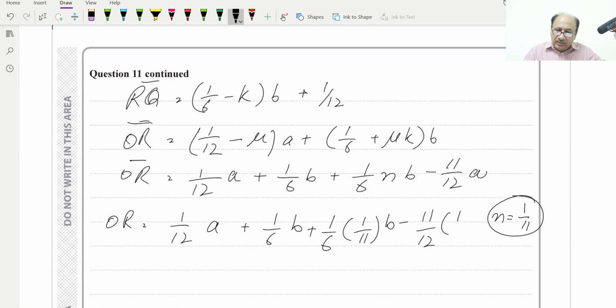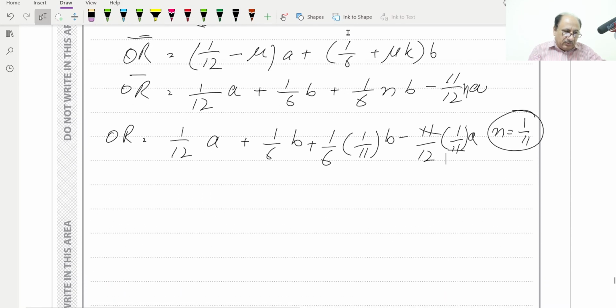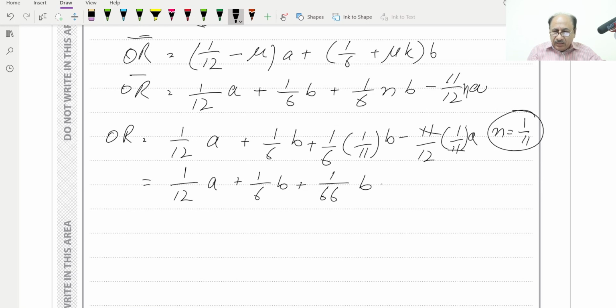This will be n over here, missed. So this will be 1 over 11 into a, and 11 will be cancelled with 11, and we can rewrite this equation. This will be 1 by 12a plus 1 by 6b minus, this will be plus 1 over 66b and minus will be 1 over 12a.